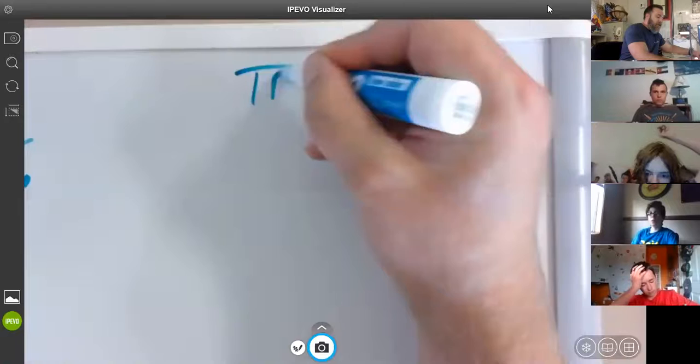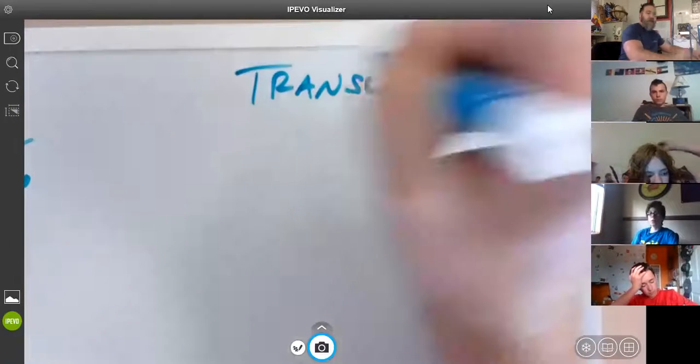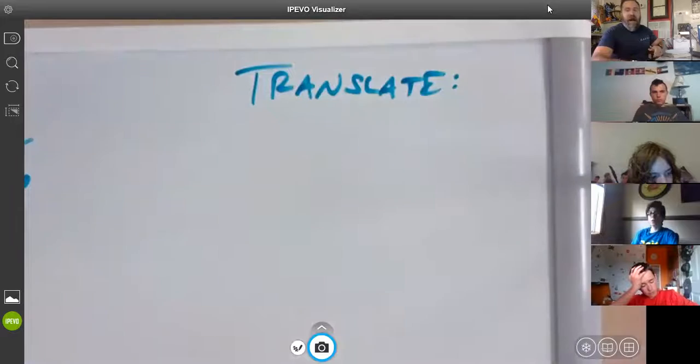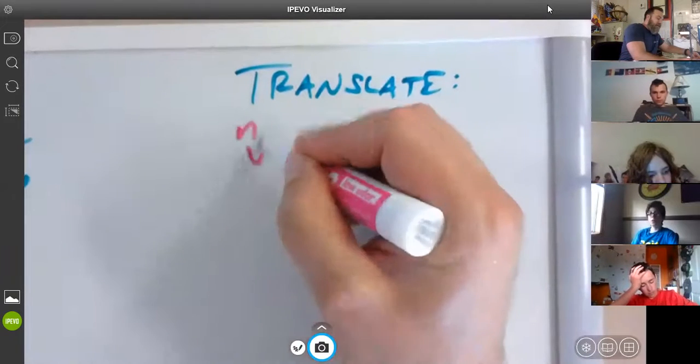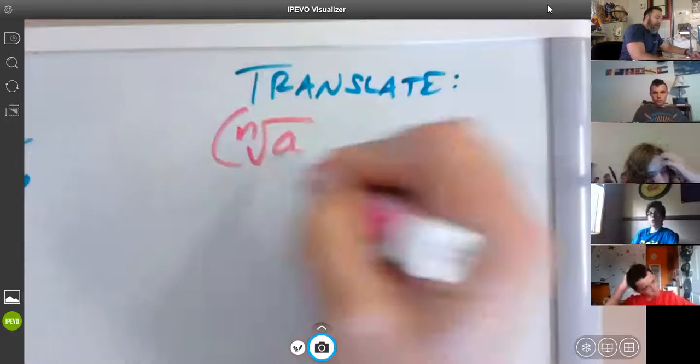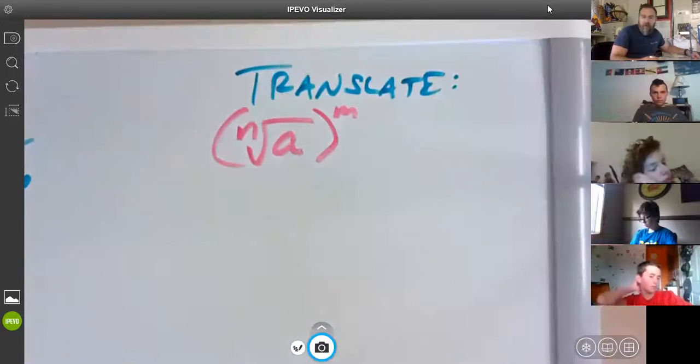So again, your first part of the progression is to translate between the 2 things, radicals and rational exponents. Except now I'm going to be using this property. What happens if I'm taking the nth root of a, but now that in parentheses raised to some power, call it m?